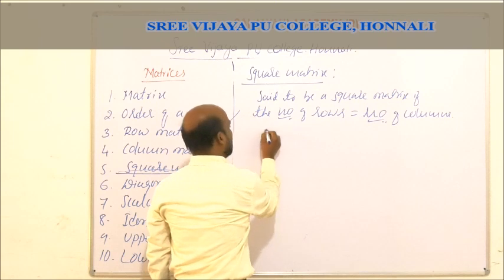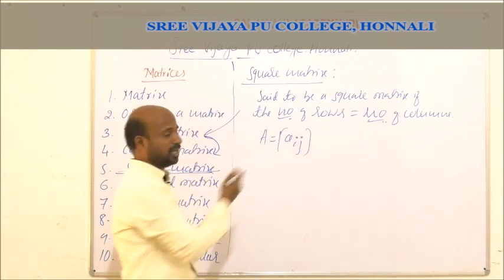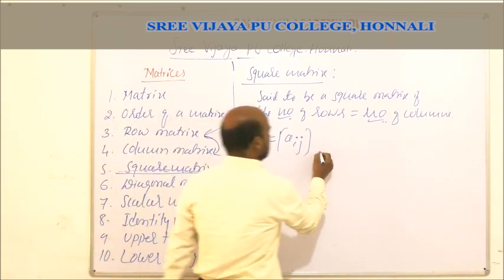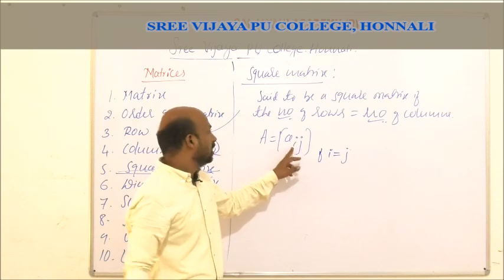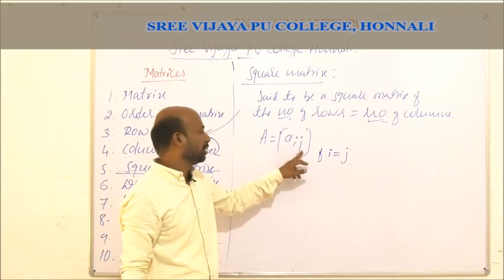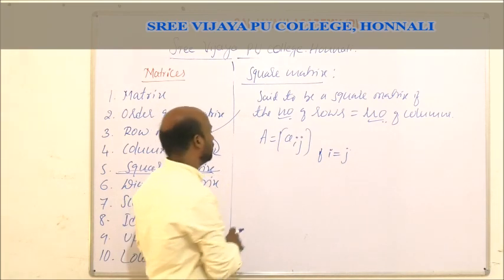That is, a matrix A = [aij] is said to be a square matrix if i is equal to j. I already said that i represents rows, j represents columns. i equal to j means the number of rows equals the number of columns.